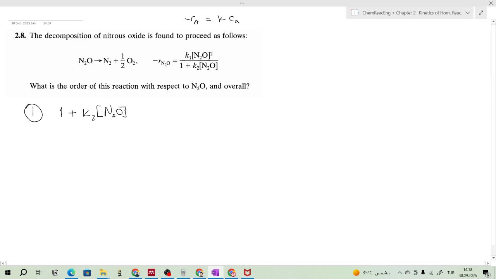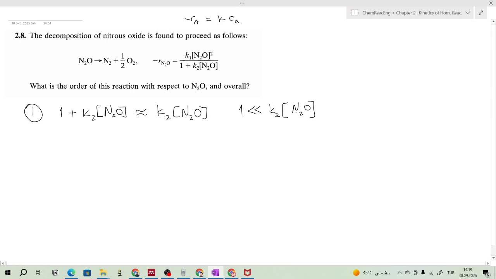So at the beginning, when this term is too high, the concentration is too high, so it will be like this, and we can neglect 1. Why? Because 1 is relatively too small compared to K2 times the concentration. It depends on the reaction rate coefficient, not only the concentration.